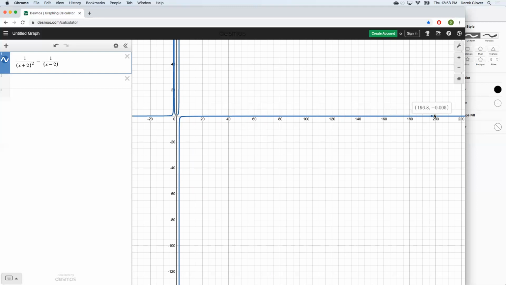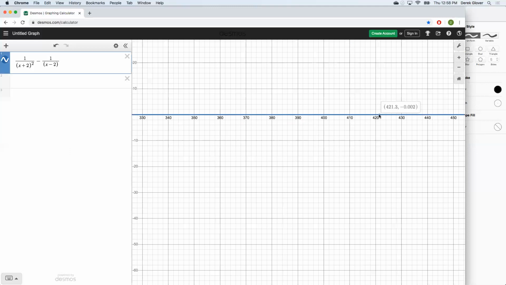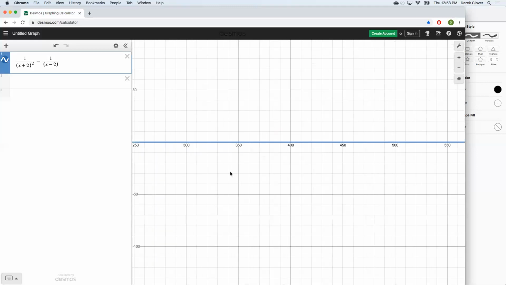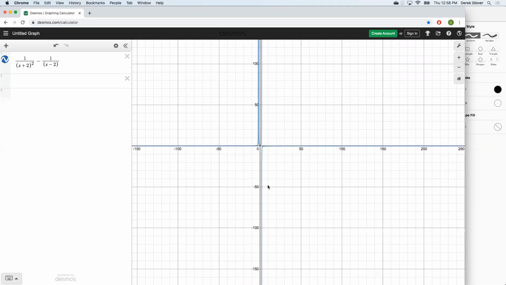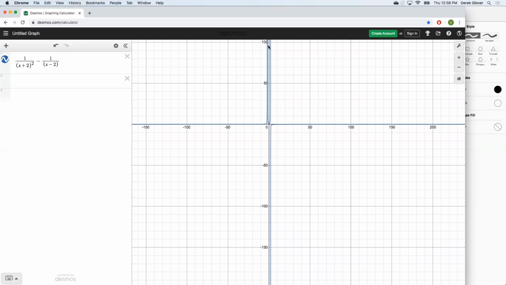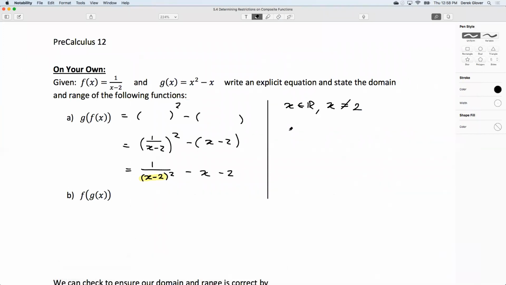No, it's not crossing. It's getting infinitely close, but it's never crossing the x-axis. So for this function, x cannot equal 2. Y cannot equal 0, but it can equal anything else. It equals all positives and all negatives, just not 0. So our range is that y cannot equal 0. And actually, there is a quick change here. This should be 1 over x minus 2, which will slightly change the function.